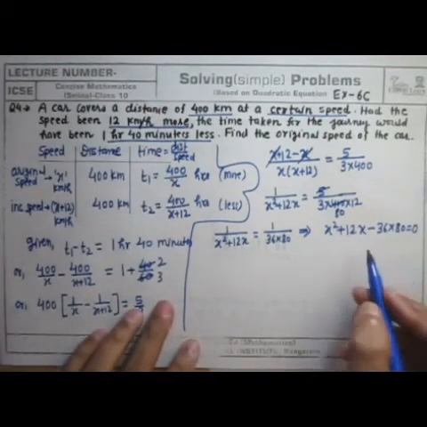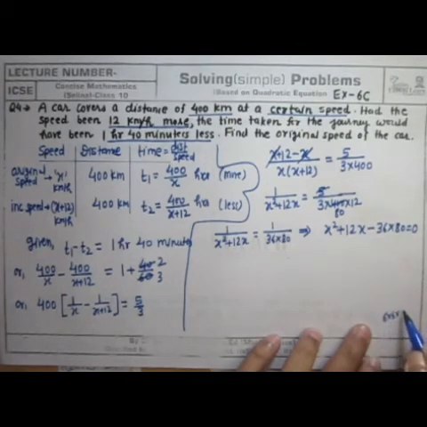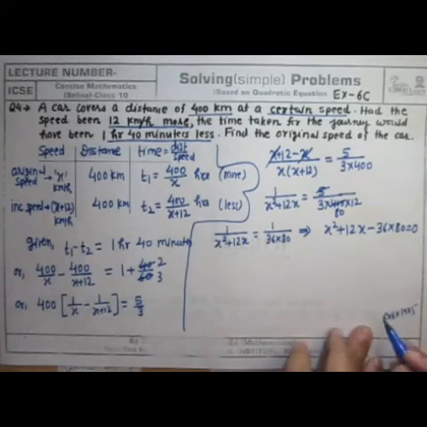So how can we split this one? 36 into 80 can be written as 6 into 6 into 16 into 5.